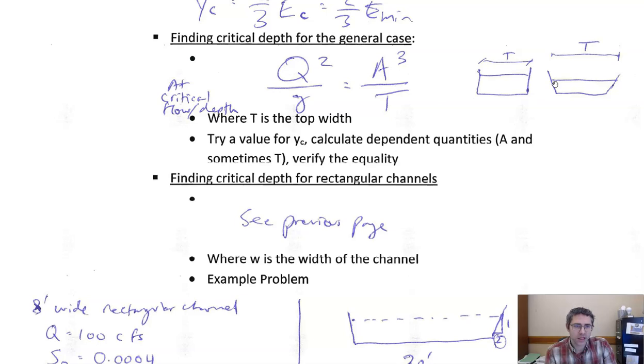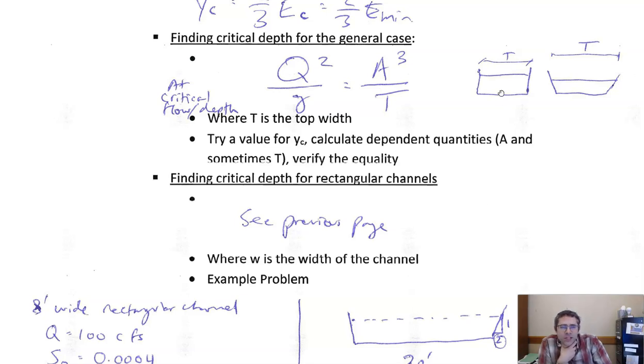And then A, the cross-sectional area of the trapezoidal channel, obviously is going to be dependent also on the depth, Y. And so if you replace A with an equation for A as a function of Y, you could then solve for Y. Now, usually this is implicit in Y sometimes, but you can at least try values for critical depth and calculate these and verify that this is true.